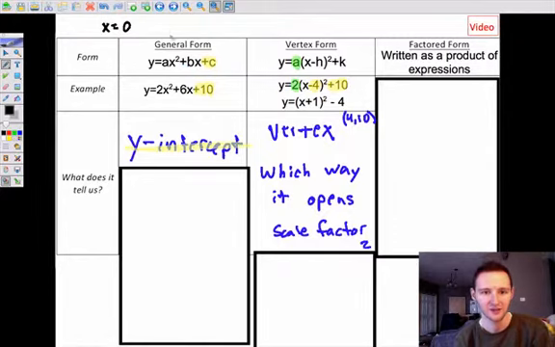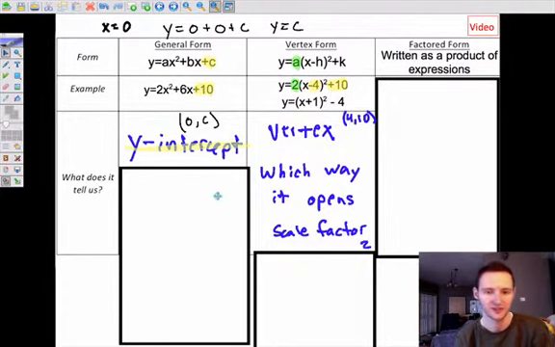A times 0 is just 0, b times 0 is 0, so we're ending up with y equals c. So the y-intercept is at 0, c, and in this case c is 10. So this gives us a y-intercept of 10. In general form it's the constant number on the end, with no x.